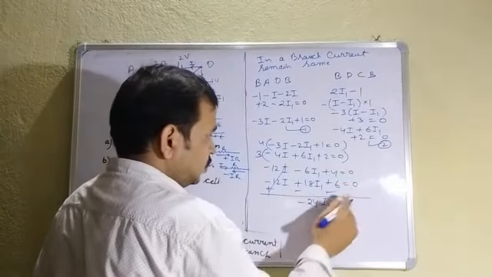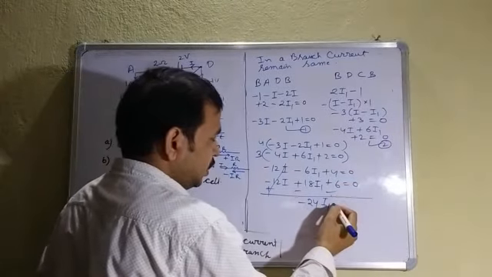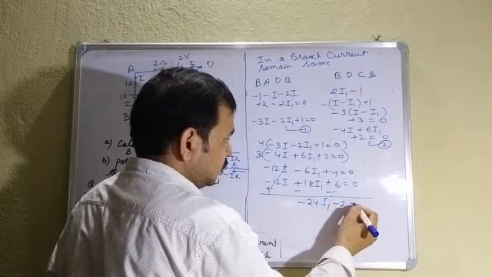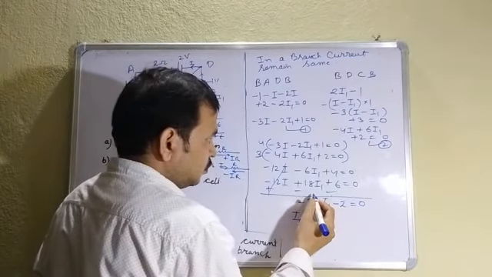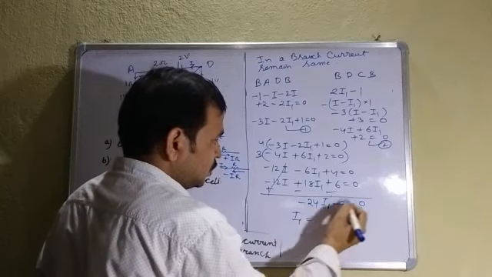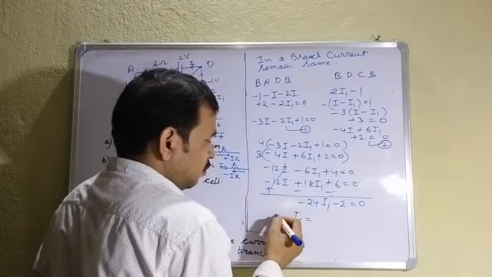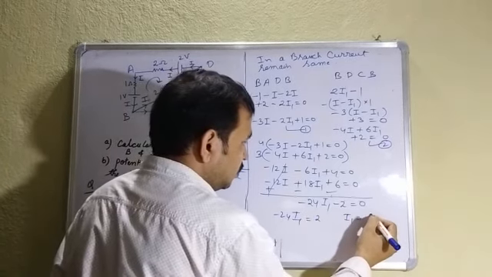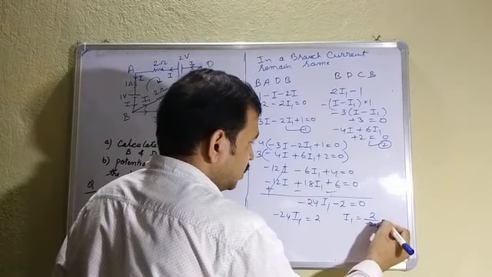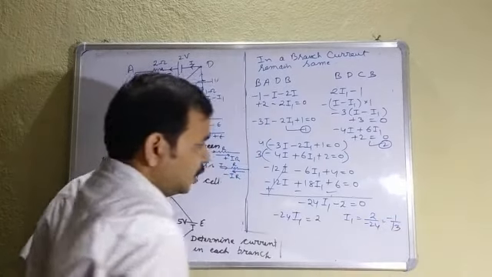So 4 minus 2, 4 minus 6, that is minus 2 is equal to 0. So I1 is, this will go in this side, minus 24 I1 is equal to 2. I1 is 2 by minus 24, that is minus 1 by 30.